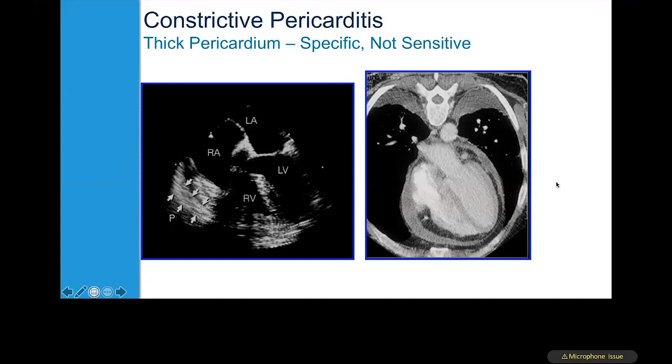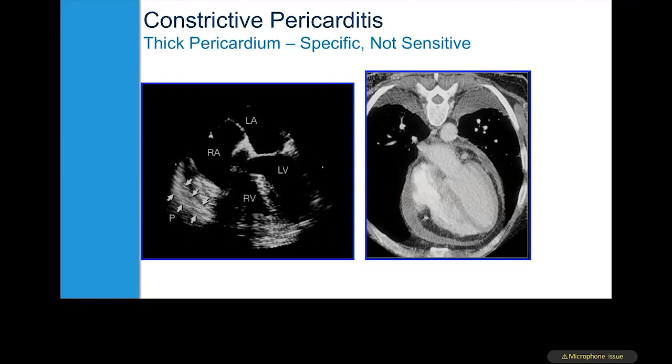There has been a very good correlation between the transesophageal echocardiographic measured pericardial thickness and also the CT pericardial thickness. However, despite the consistency of the information with regards to pericardial thickening, it's extremely important to understand that thickening of the pericardium does not mean constriction.